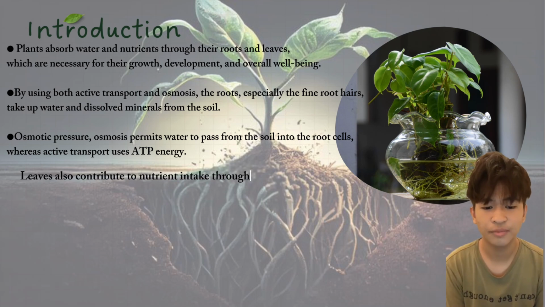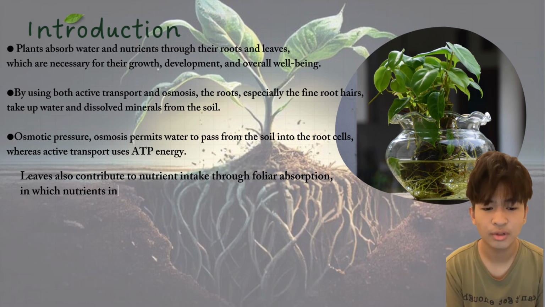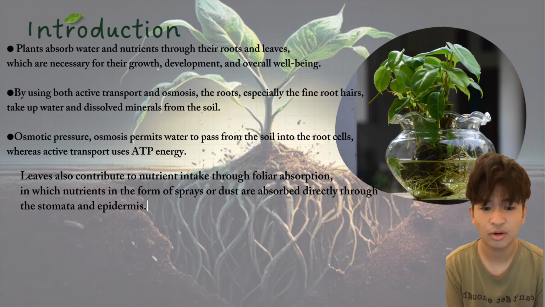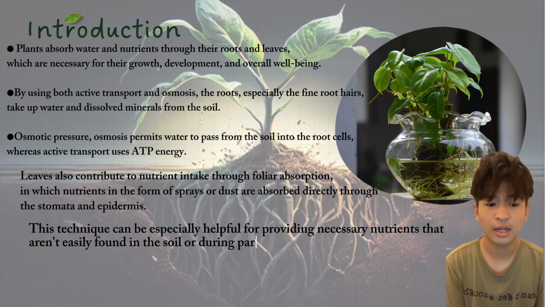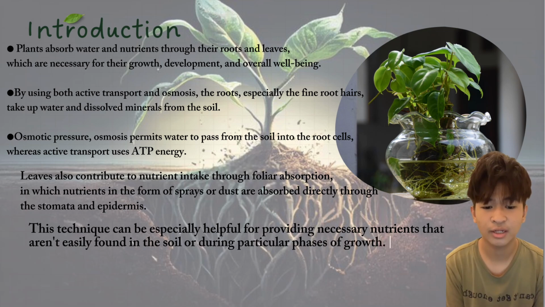Leaf also contribute to nutrient intake through foliar absorption, in which nutrients in the form of sprays or dust are absorbed directly through the stomata and epidermis. This technique can be especially helpful for providing necessary nutrients that are not easily found in the soil during a particular phase of growth.